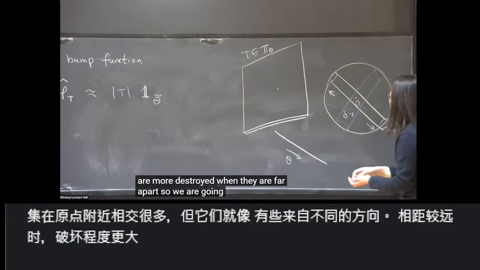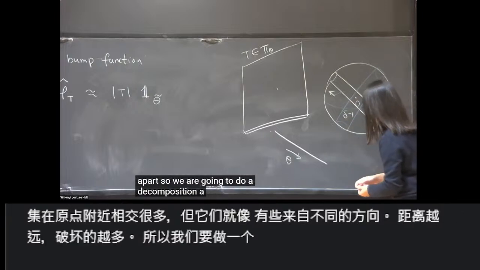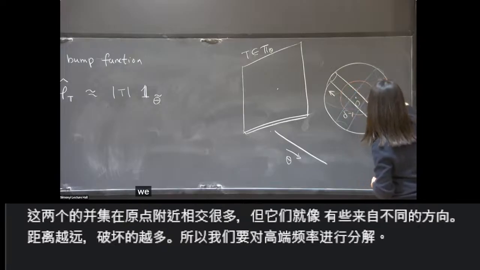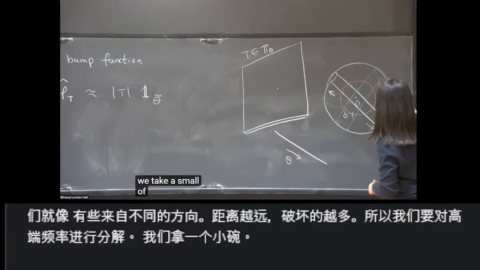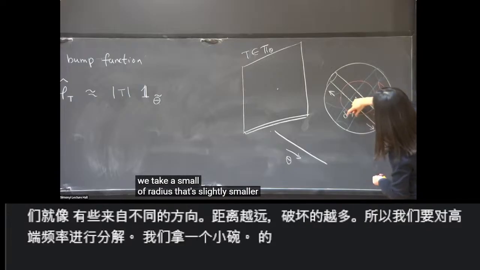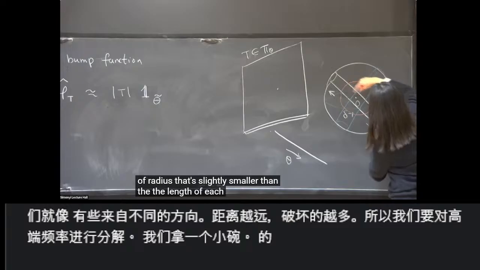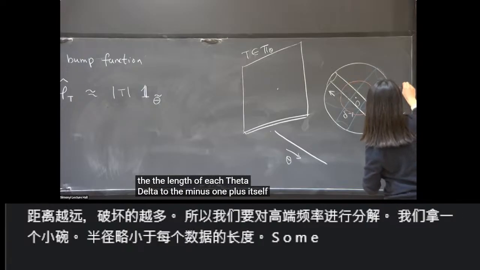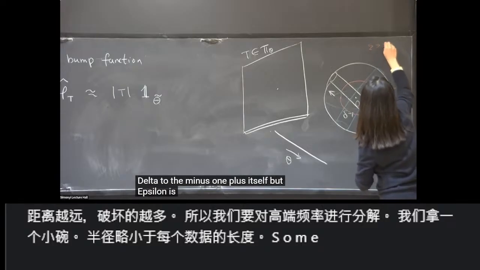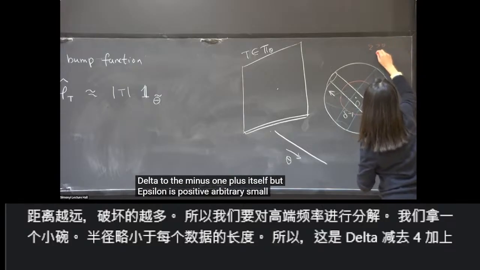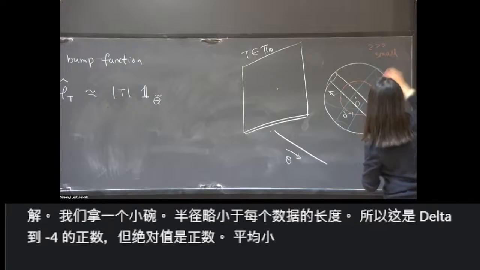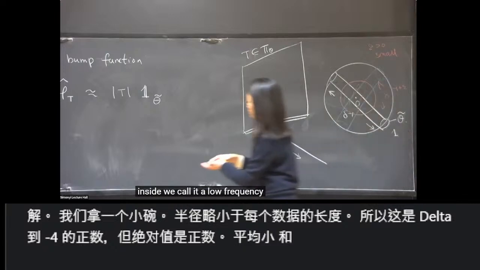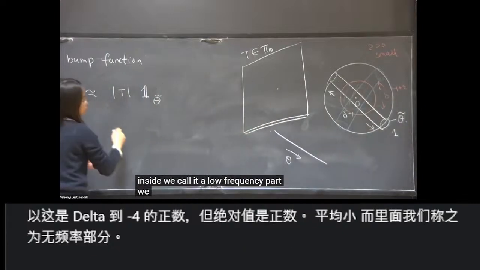So we're going to do a decomposition into high and low frequency. We take a small ball B of radius slightly smaller than the length of each theta tilde. So that's delta to the -1 plus epsilon, where epsilon is positive arbitrarily small. The inside we call the low frequency part.